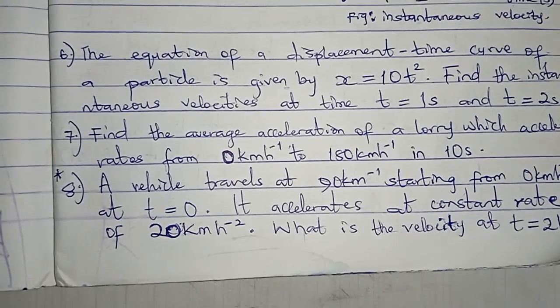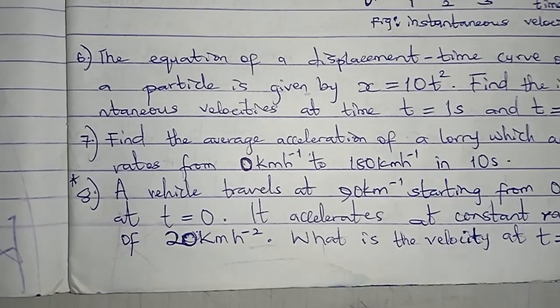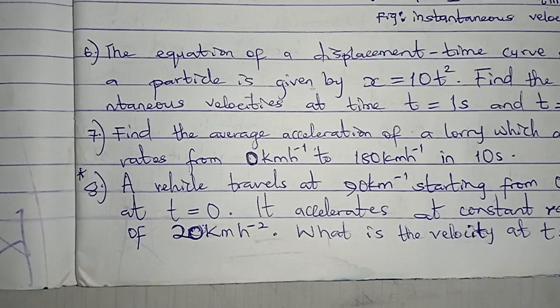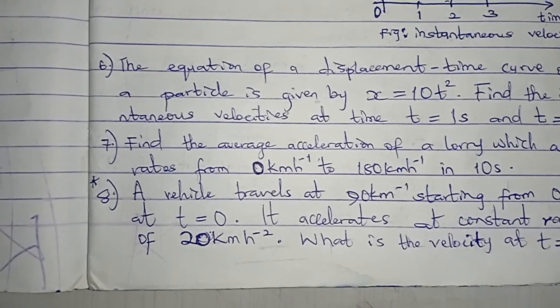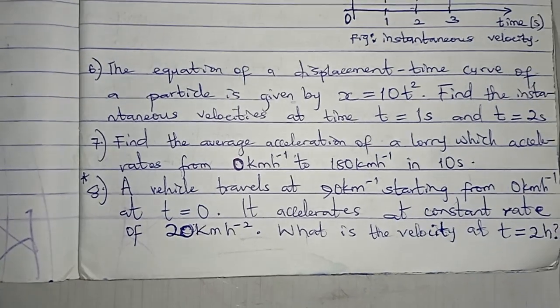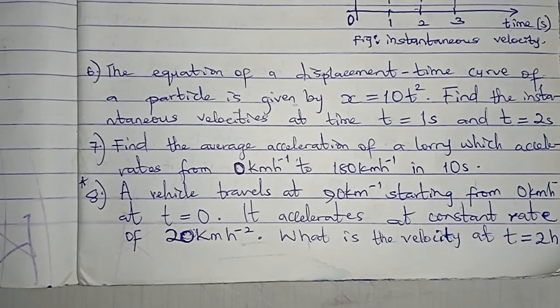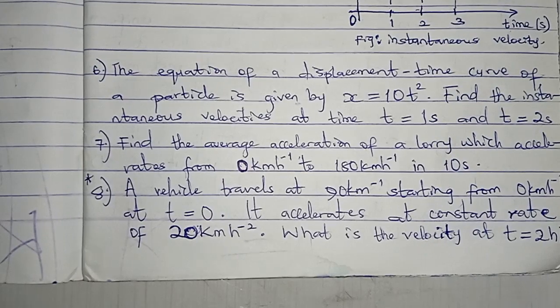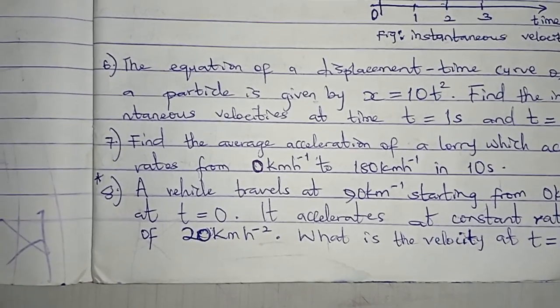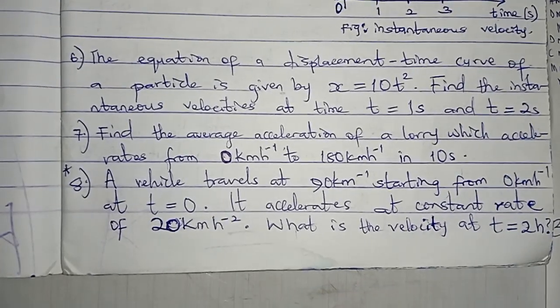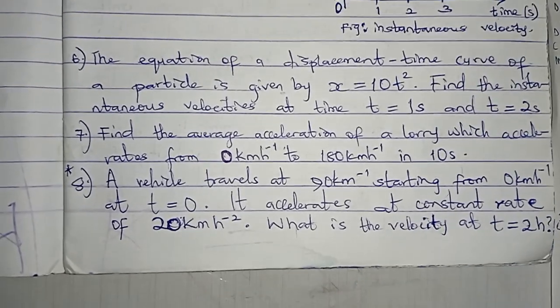So u, the initial velocity, is 0. Then the final velocity v is equal to 180 km per hour in 10 seconds. So t is 10 seconds.